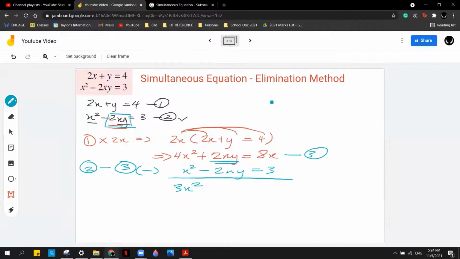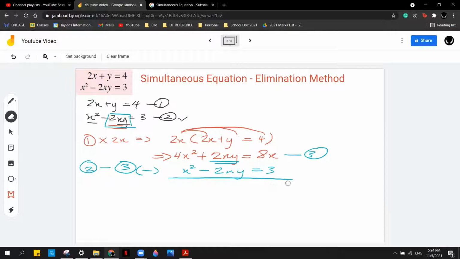Positive 2xy minus negative, you notice these two will complement and eventually become plus. We'll end up with plus 4xy equals 8x plus 3, which is nothing. There's nothing to be eliminated here. So we know there's something wrong. Let's just erase them.